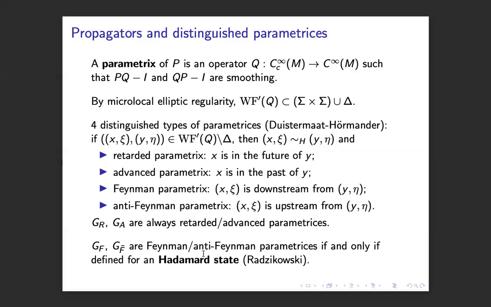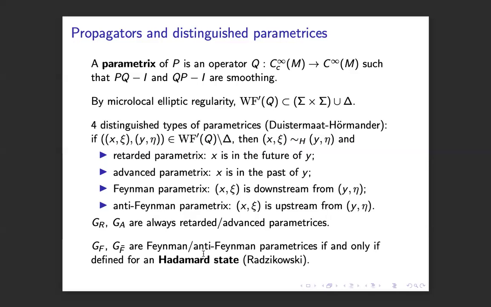This is a condition which is often used to single out physical states of QFT in curved spacetime. So in your language, the Hadamard condition would be a condition on what of the two-point function? Yes, it's a condition on the wavefront set of the two-point function.